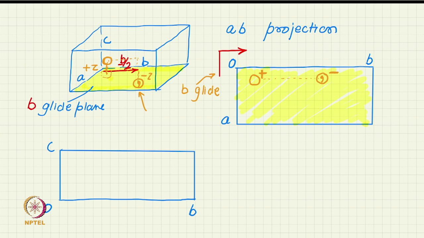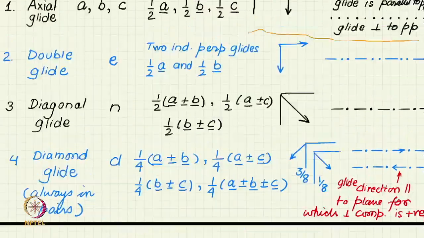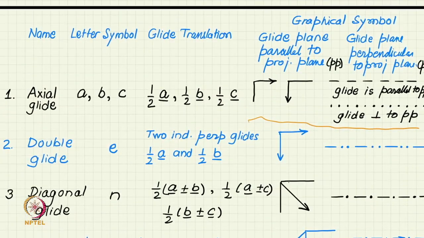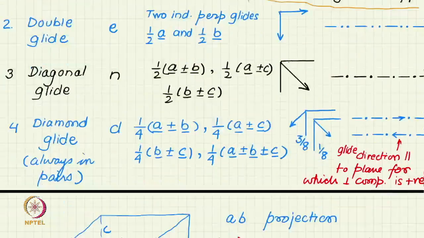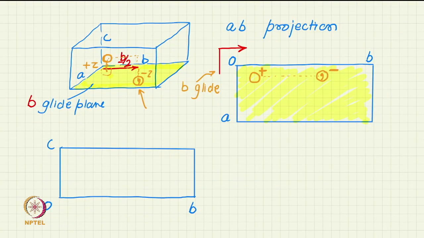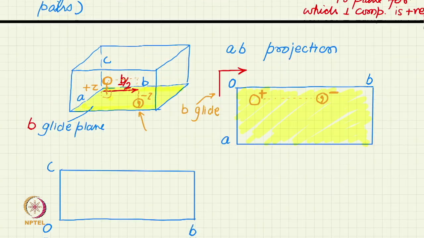Since the translation direction is lying in the plane, the glide is parallel to the projection plane because it is in the direction B, which is lying in the projection plane.